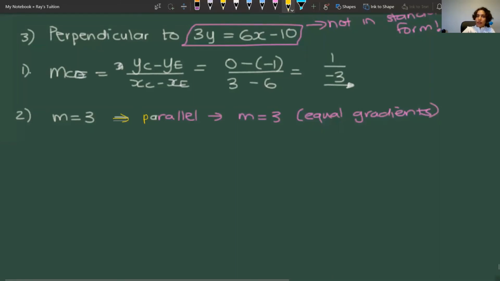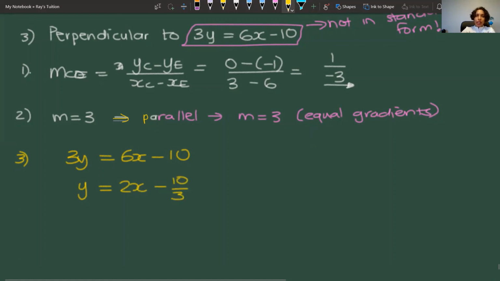Let us have a look at the third one. For the third one, we first have to convert it into standard form. We have 3y is equal to 6x minus 10. To convert it into standard form, we make y the subject. So we get y is equal to, dividing everything by 3, 6x divided by 3 is 2x, and minus 10 over 3.